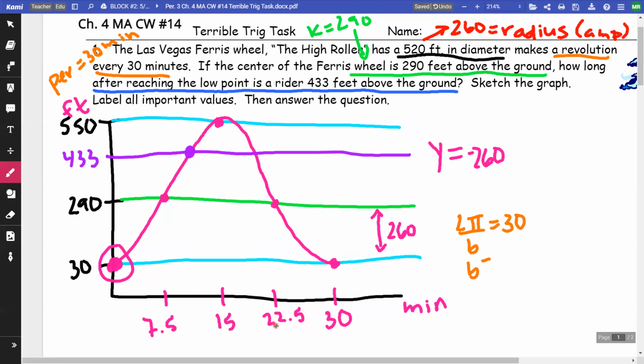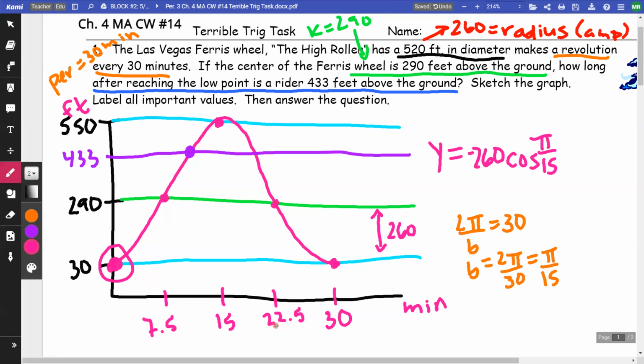So I get b is equal to 2 pi over 30, or pi over 15. So I am going to have my cosine of pi over 15. And I am starting at this point right here. That's where I'm going to start. So that's at 0, so I'm going to just put x, and then my vertical shift is 290.